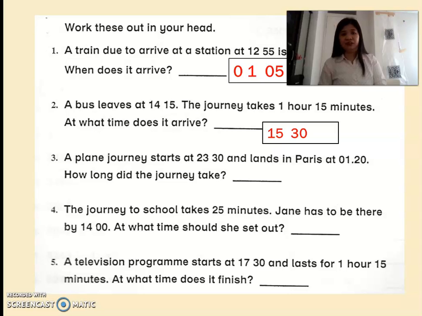Okay. Now, number 3. A plane journey starts at 23:30 and lands in Paris at 1:20. So, how long did the journey take? From 23:30 to 24:30, or 00:30, that would give you 1 hour, right?